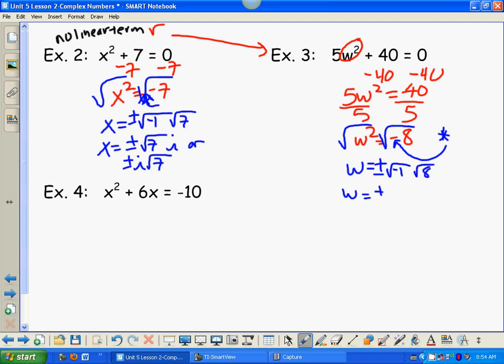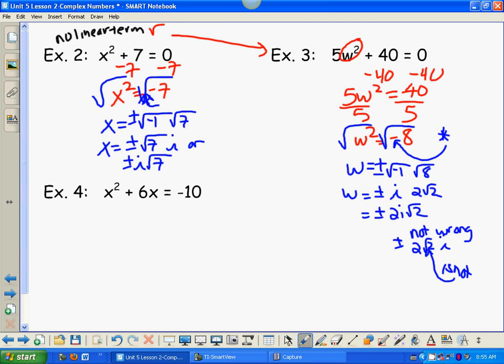So when I break this down, I get i and then 2 root 2. And normally this is written 2i root 2. Again, it is not wrong to write it as 2 root 2i, but you need to make sure that you do not have sloppy handwriting because the i is not under the radical with the 2.